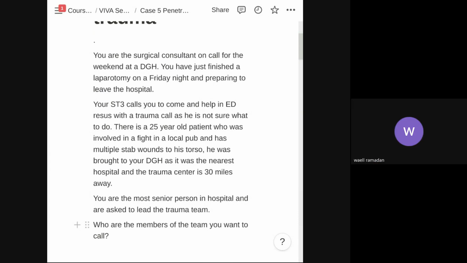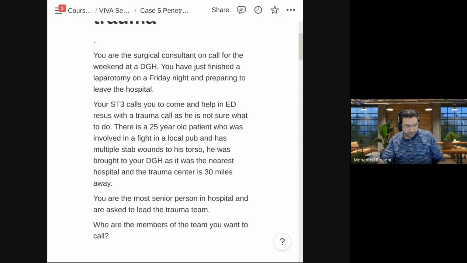In this situation, I would be keen to have the anesthetist and the ITU team and the A&E consultant with me, and the ENT consultant too if we have them. So mainly the ENT, ITU and the anesthetist for me.